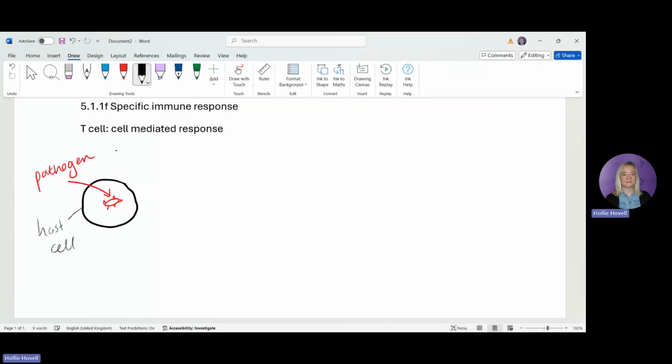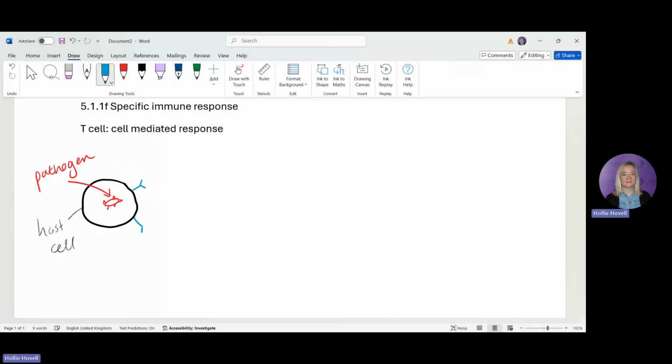Okay, so what first happens here is that this host cell that's been infected marks itself as an infected cell. Otherwise, your immune system wouldn't know that the cell has been infected. So what it does is it gets the little antigens from the surface of this pathogen and it presents them on its own cell surface.